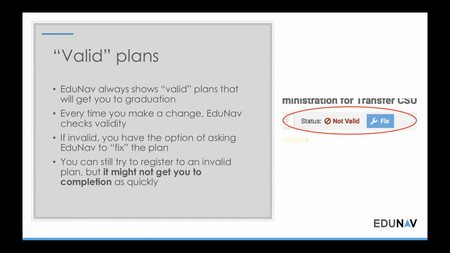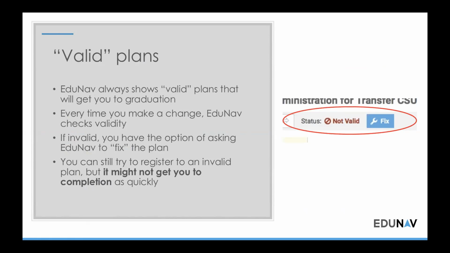Every time you make a change, and you'll see in a minute how to make changes, Edgenav will check the validity of that change. And if it's invalid, you'll see that not valid sign that shows up on the slide right here, and Edgenav will give you the option of fixing that plan.